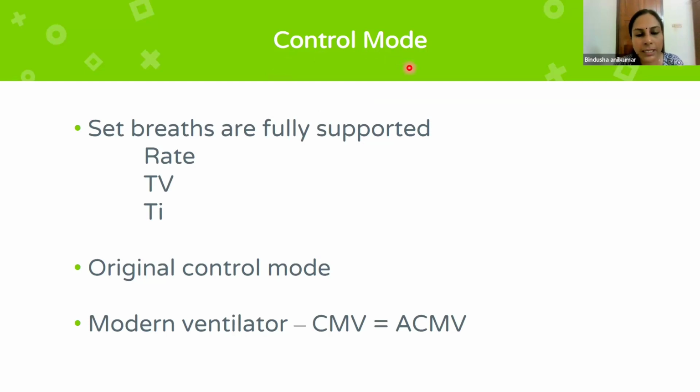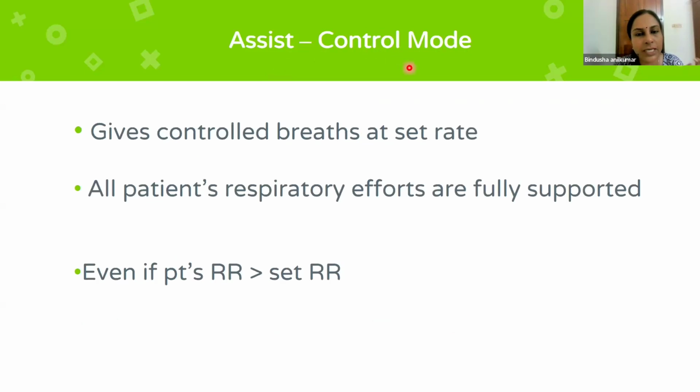And as I said, in the modern ventilator, CMV is ACMV. So this is the assist control ventilation, where the ventilator will give the control breaths at the set rate. At the same time, all the patient's respiratory efforts are fully supported, even if the patient's respiratory rate is more than the set respiratory rate.